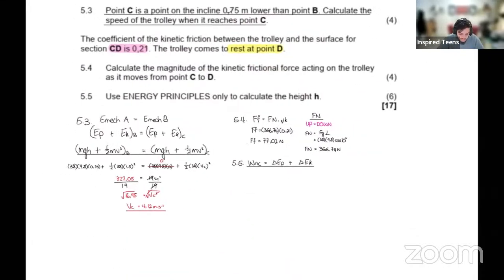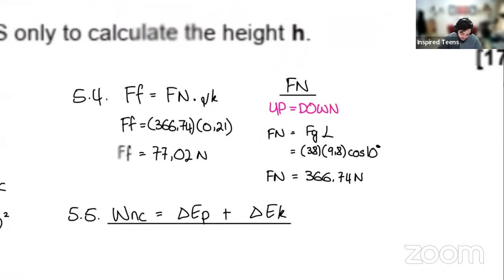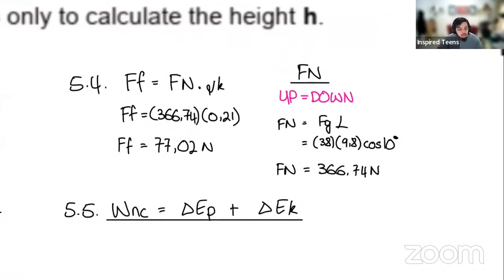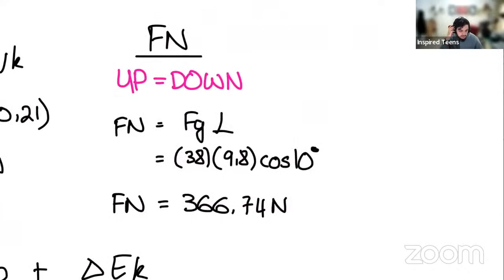So they gave us the coefficient of kinetic friction. Calculate the magnitude of kinetic frictional force acting on the trolley as it moves from C to D. So this was a bit of Newton's. Frictional force is equal to normal force times mu k. Sorry, normal force we calculated here. We remember that from Newton's. How do you calculate normal force? Up is equal to down.